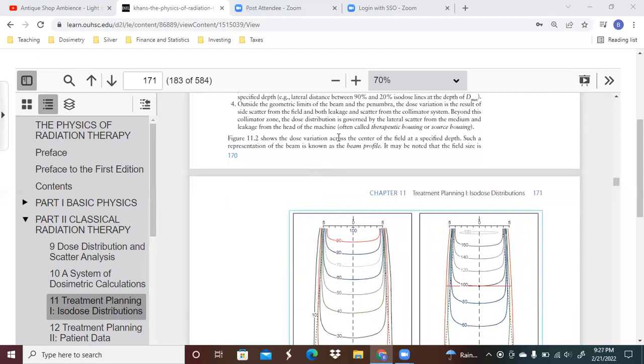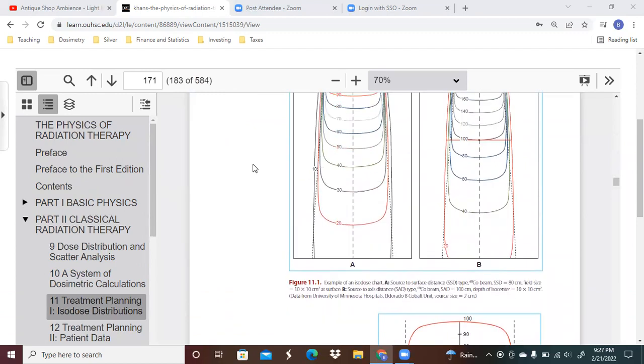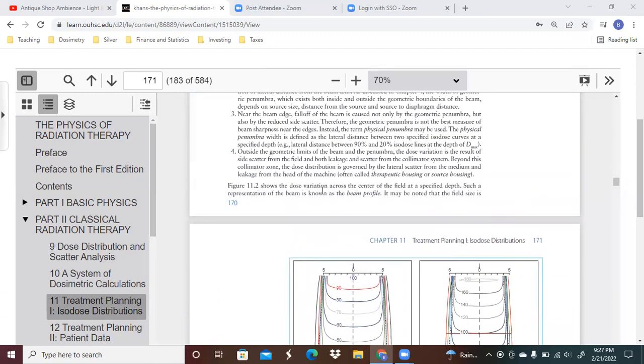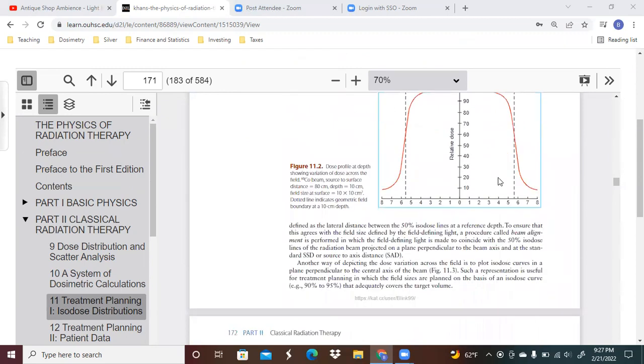So 11.2 shows the dose variation across the center of the field at a specified depth, which is, again, what we were looking at here. This representation of the beam is also known as the beam profile. It may be noted that the field size is defined as the lateral distance between the 50% isodose lines.